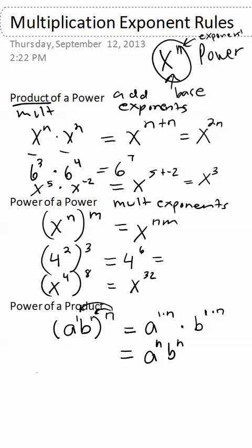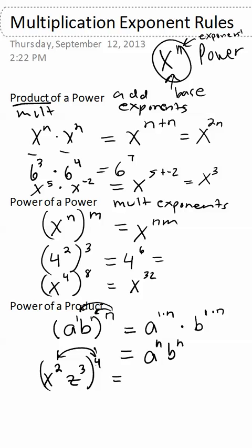Okay, so let's try it with numbers. So I have x to the second, z to the third, and I want to raise that to the fourth power. Okay, so let's try that. I have x to the second. Well, I multiply it just like I did in the power of a power rule.